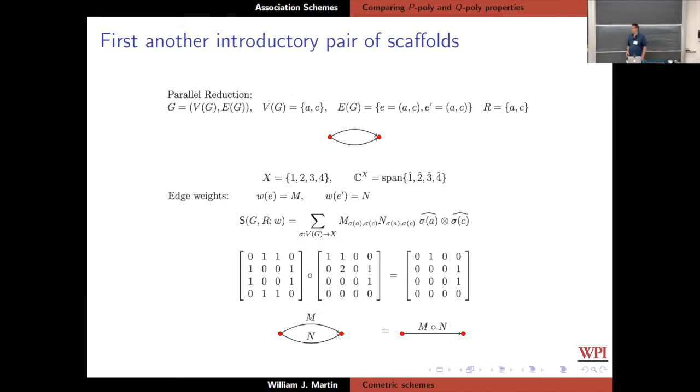Likewise, if I have parallel edges, same 2 matrices M and N, and I define this quantity right here, now my graph has 2 parallel edges, then I have sigma A hat, those nodes are A and C only, sigma A hat and sigma C hat, then I have the entry-wise product. Okay, so series reduction is matrix product, parallel reduction is entry-wise product. Okay, so in this definition that we'll start using tomorrow.